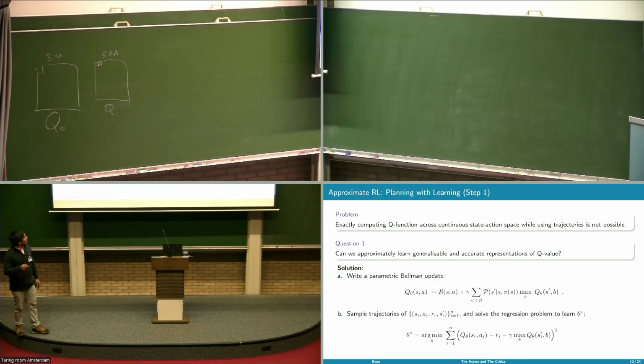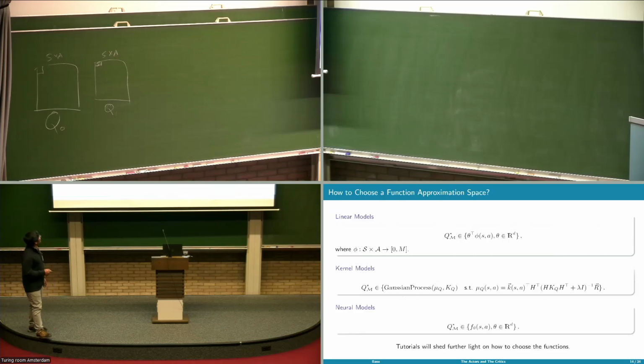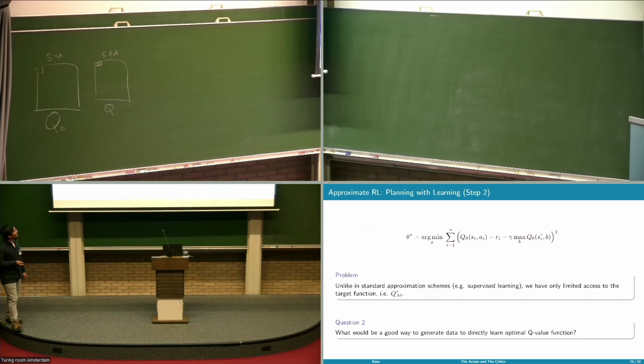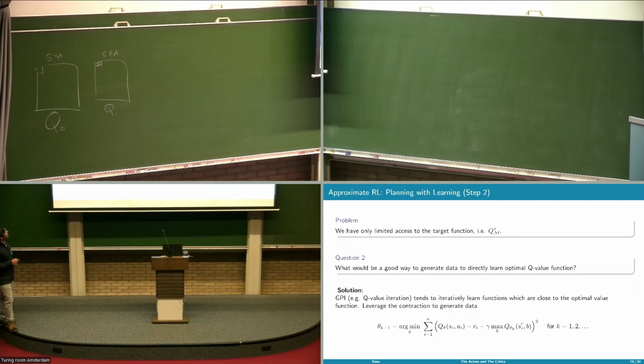Now you don't want to use a crazy amount of data. You rather want to iterate and leverage the structure that you know, and you don't want both the target and the thing that you are estimating moving at the same time. So to decouple them, you leverage the fixed point property of the Bellman operator itself. You keep the thing on which you apply the Bellman operator as theta k, and on the other side you try to estimate theta k plus 1. Okay?